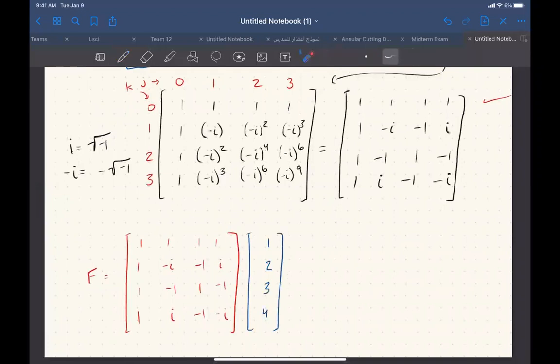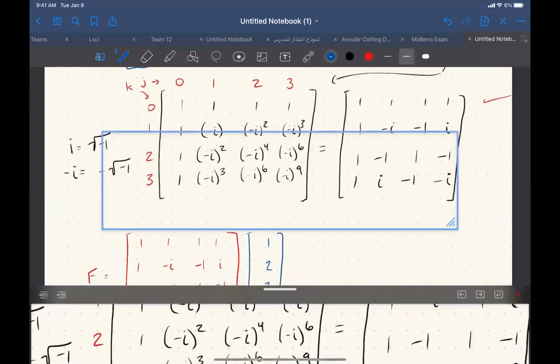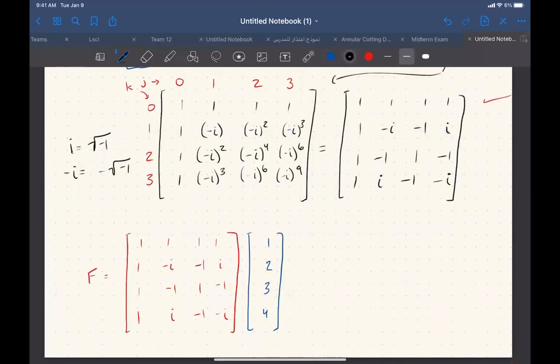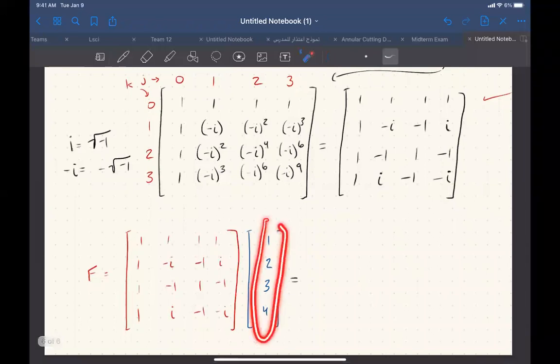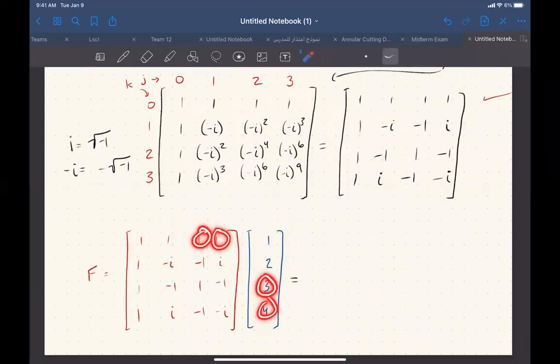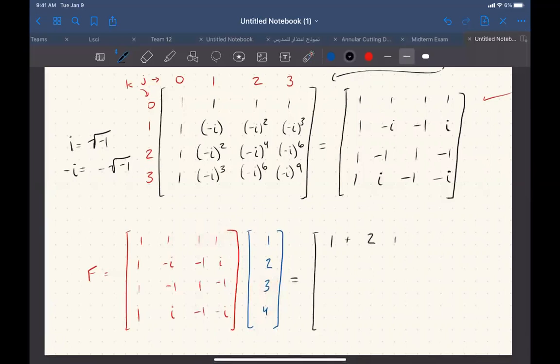Great. Now to do matrix multiplication, we take this and multiply it by this, element by element. So we'll have 1 times 1 plus 2 times 1 plus 3 times 1 plus 4 times 1. So let me write that here.